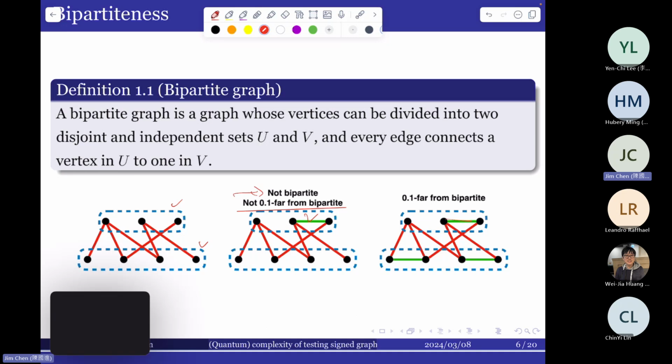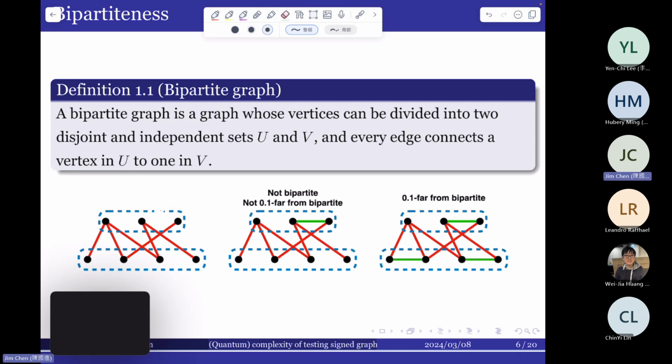If we have to remove a lot of edges to make the graph become bipartite, then we call it far from bipartite. So these are the three conditions.